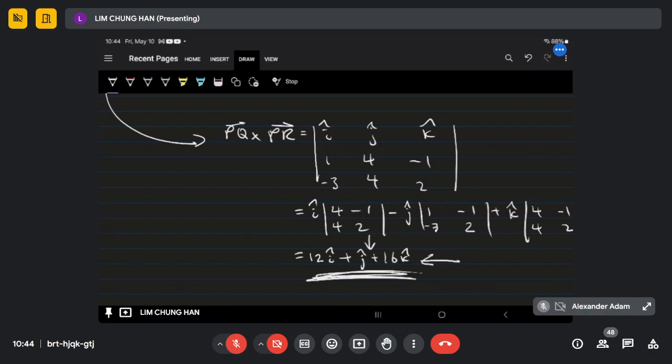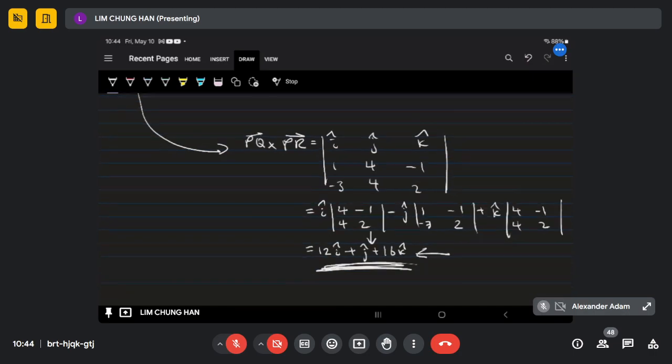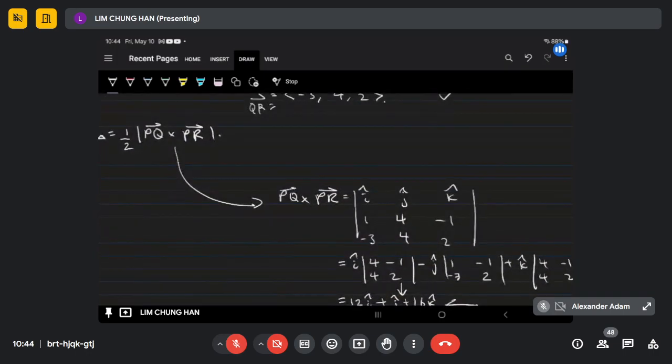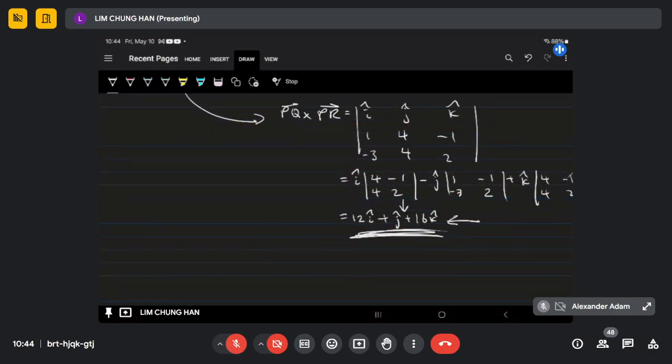So this is PQ cross PR. However, our answer wants us to look for magnitude. You see the two lines here and here? That is magnitude. So magnitude PQ cross PR is basically the square root of 12 squared plus 1 squared plus 16 squared.